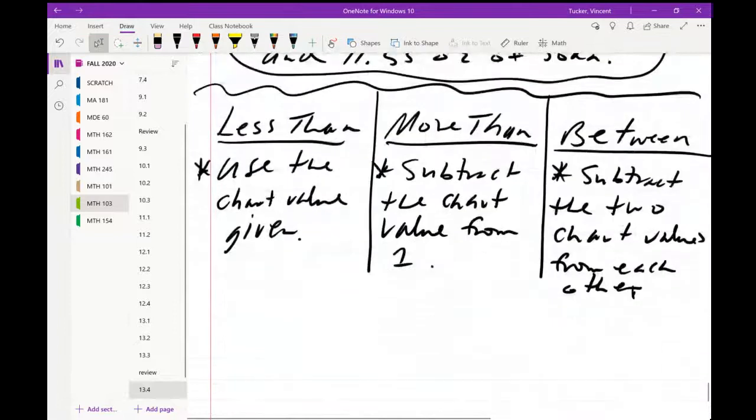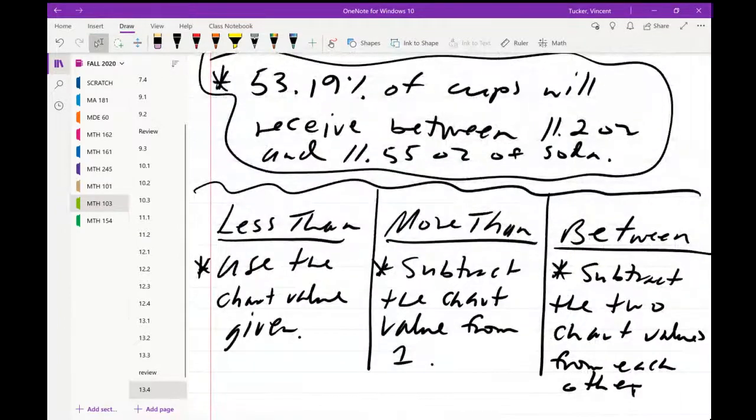All right, so to sum it up, we have these three scenarios. Less than: when you go to the chart, you use the chart value that's given. If it asks for more than, subtract the chart value from 1. In between, you subtract the two chart values from each other. For less than and more than, there'll be keywords or phrases.